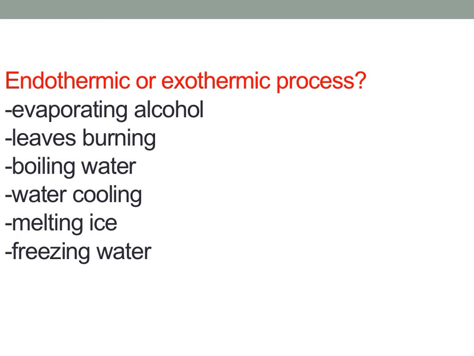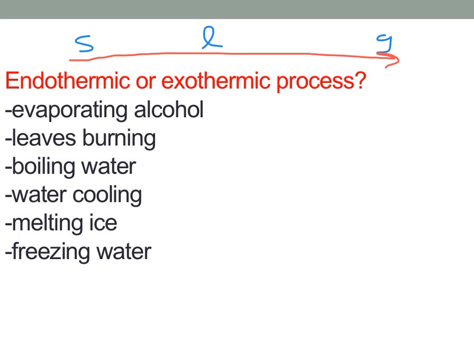Evaporating alcohol. Before we do these, I want to point out that if we are going up in energy through a phase change, if we're going from a liquid to a gas, we are going to have to absorb energy. Let's take water for example. The water will have to absorb energy to go from a liquid to a gas.